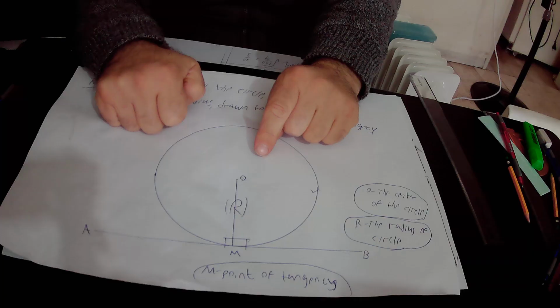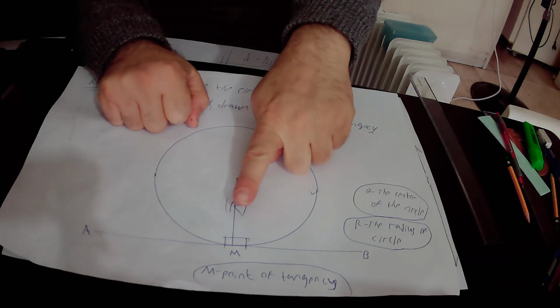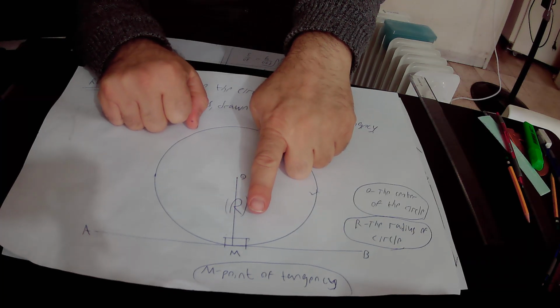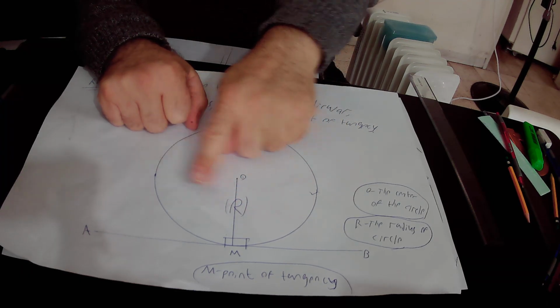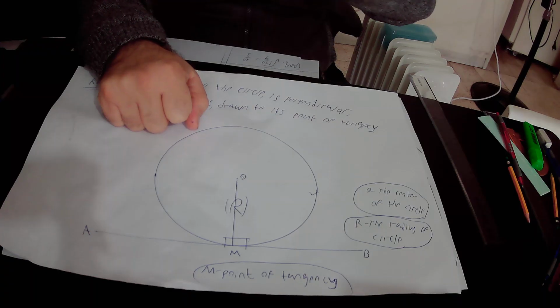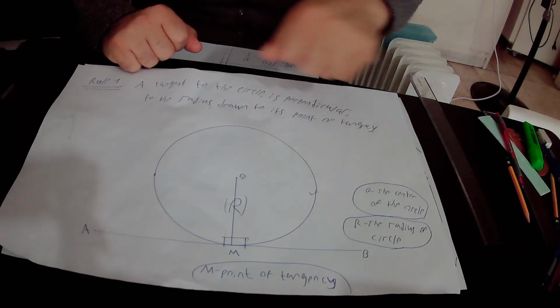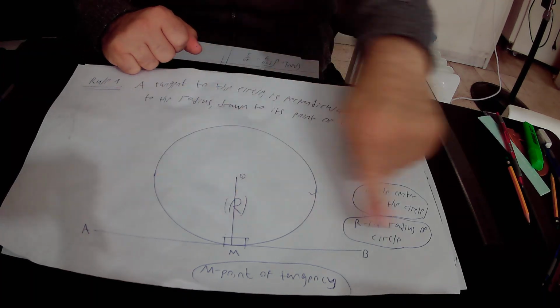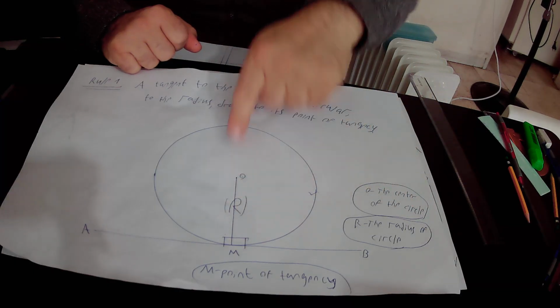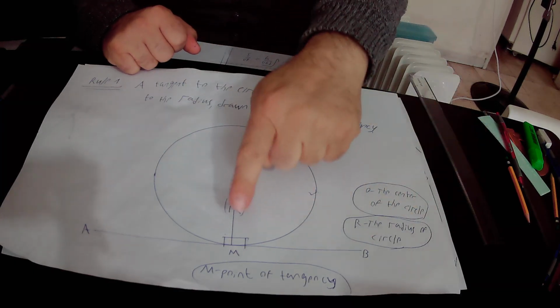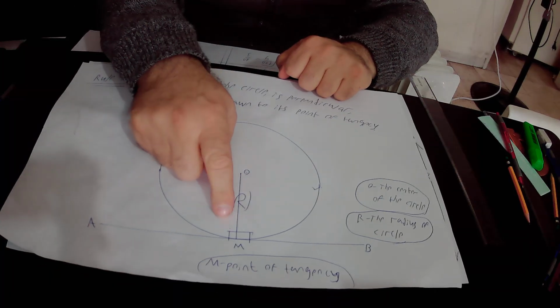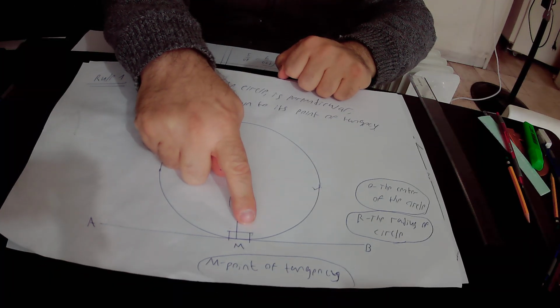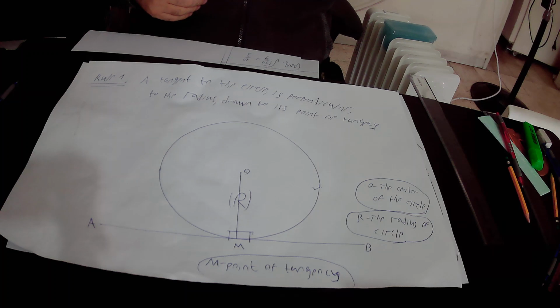And we have the radius OM that is drawn to point M. Whenever you have a radius that is drawn to the point of tendency, then tangent AB will be perpendicular to the radius MO. If AB is perpendicular to MO, it means that this angle equals 90 degrees, and this angle also equals 90 degrees, according to rule 1.